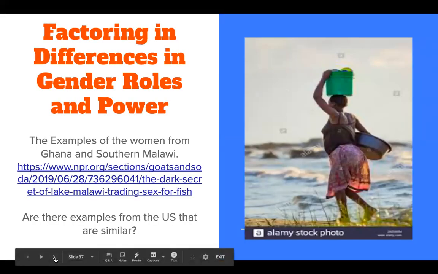For gender, your book makes mention of two other specific international examples that I won't hold you accountable for, but I do encourage you to maybe read a little bit more about them. Particularly the story of the women from Southern Malawi, because it talked about how, because these women rely on this fishing industry, they sometimes have to trade their bodies for fish.